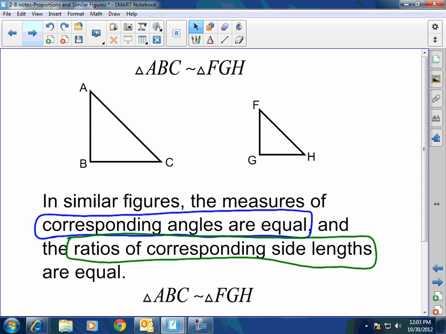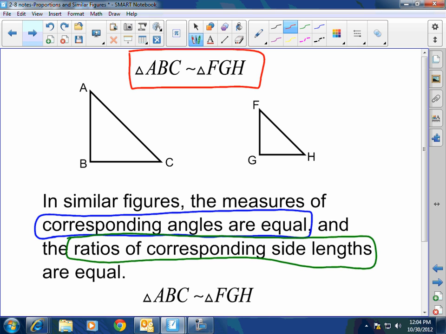Now, when we're looking at corresponding sides or corresponding angles, I do not want you to find them by the figure. I want you to find the corresponding sides and angles by the actual labeling of the polygons given to you.